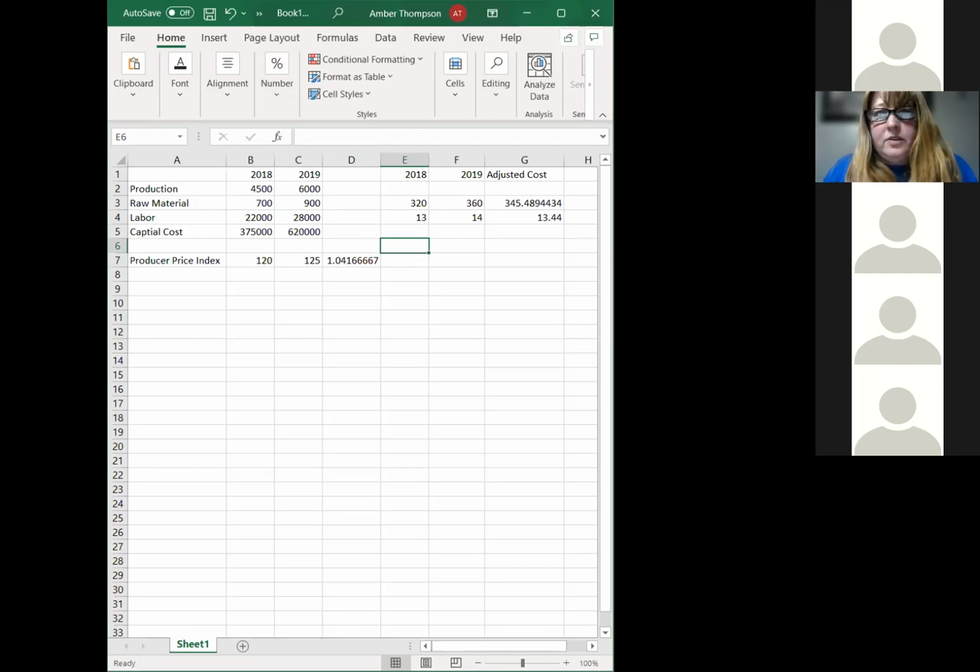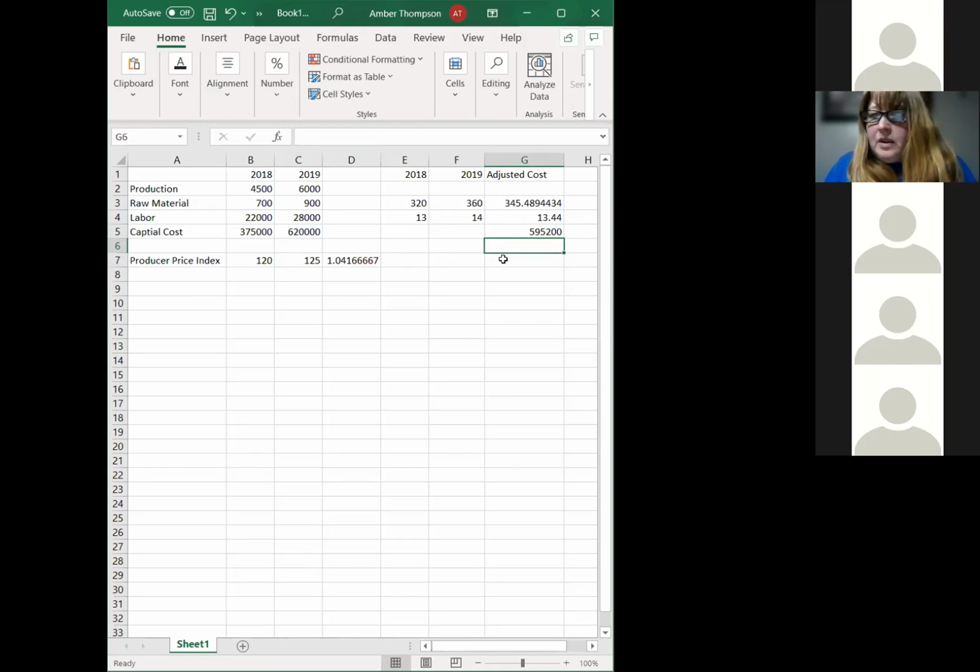Yes. So basically we're taking all of these numbers. Like we could take the 620,000 and do the same thing. Divide it by this ratio, and this is actually our costs, and capital costs, of course, are the most on this one.